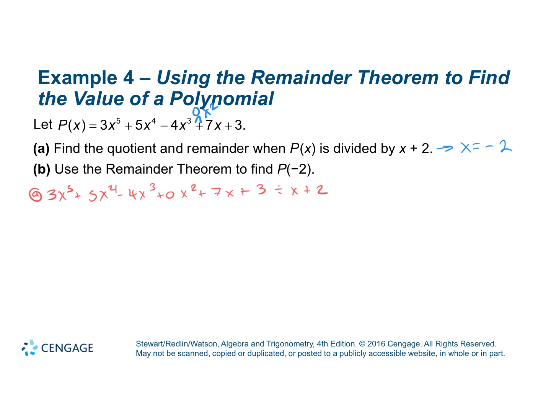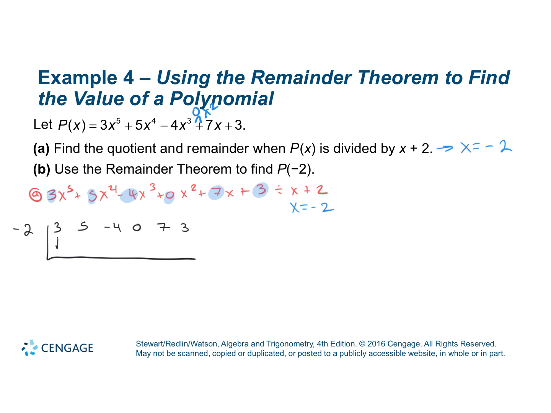We know that these are all the coefficients, and we're going to divide by x is equal to -2, which is what we stated earlier. So when I try to divide this using synthetic division, I'm going to go ahead and do -2. I'm going to go ahead and open the division sign. So we're going to get 3, 5, -4, 0, 7, 3, and then go ahead and start.